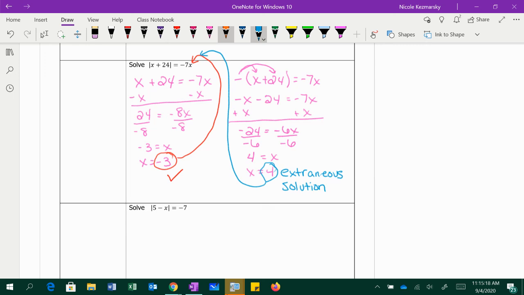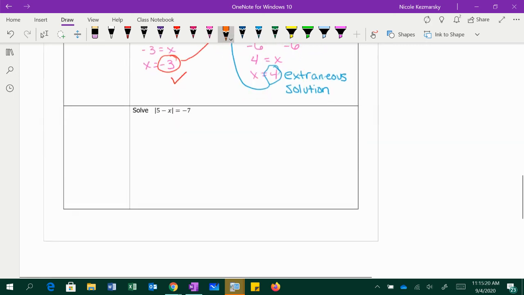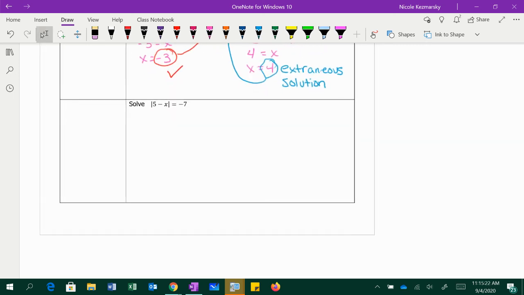All right, next example. And last one. Looks like we're going to have to do a whole lot of work, but we're not. So this one says absolute value of 5 minus x equals -7. There's no x on the outside. But what did we just talk about? Can an absolute value equal a negative number? Can't happen.